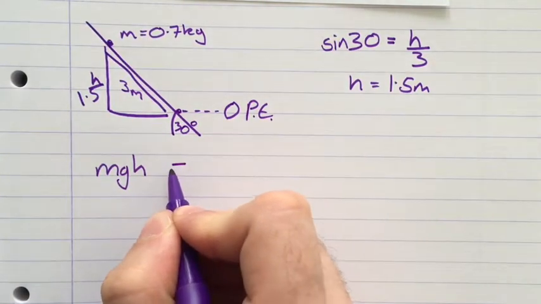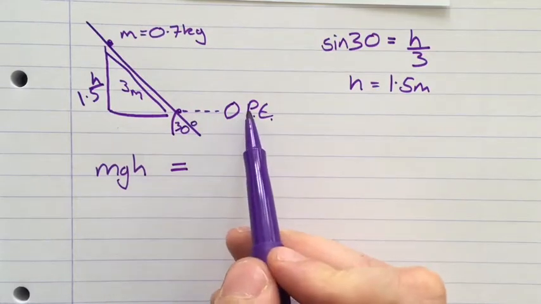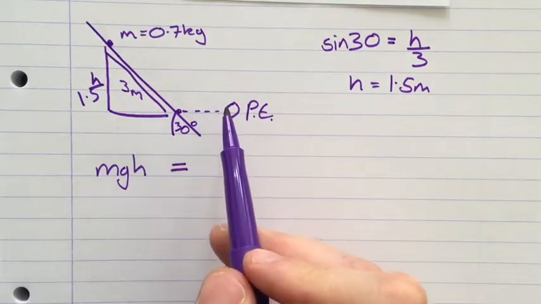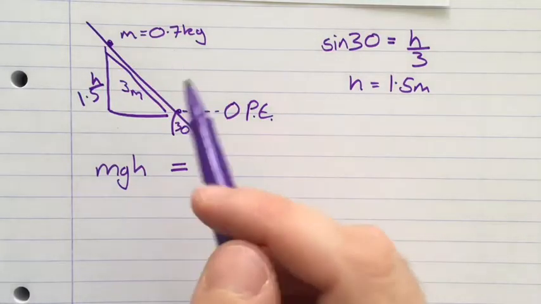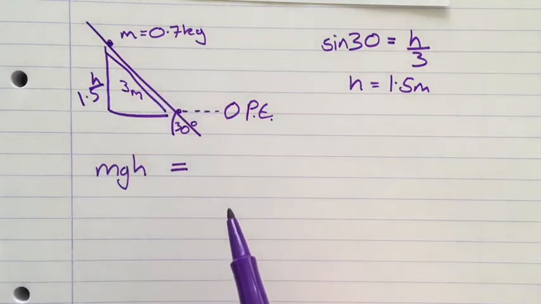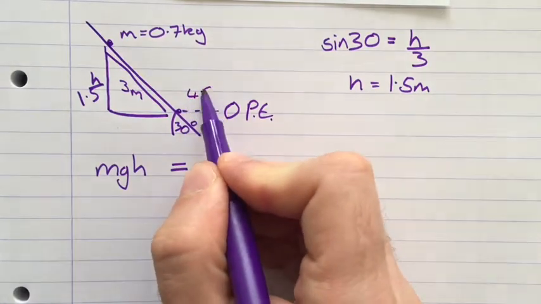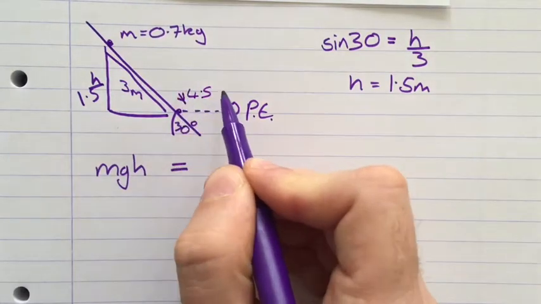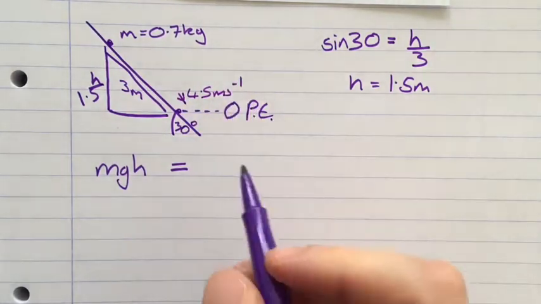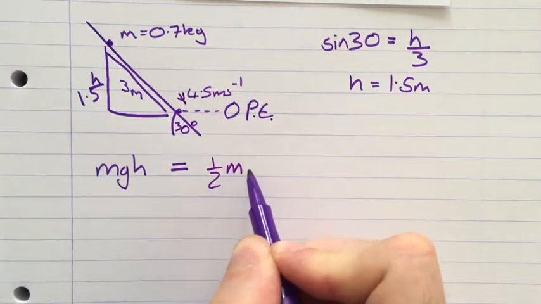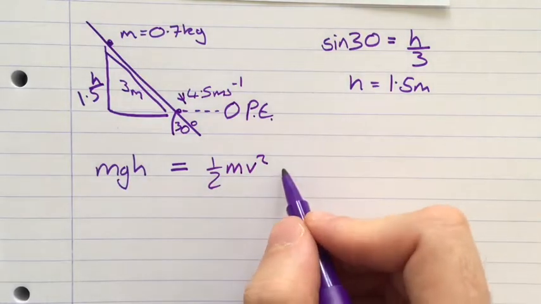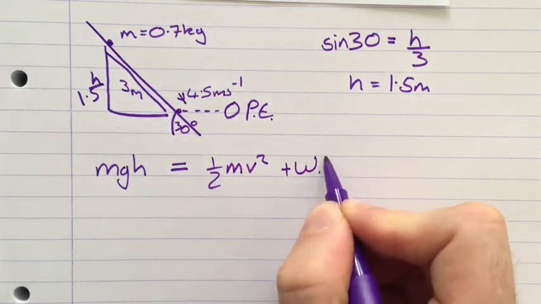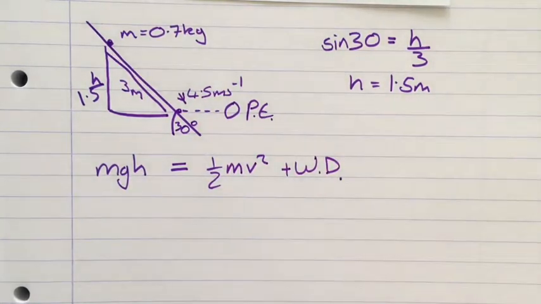At the other end, our final, we've got no potential energy because that's where we defined it. We are going to be moving. We've got a final velocity of 4.5, it was given in the question, 4.5 meters per second. So we've got half mv squared. And we've also got some work done, which we're just going to call work done for now. We'll deal more with it later.